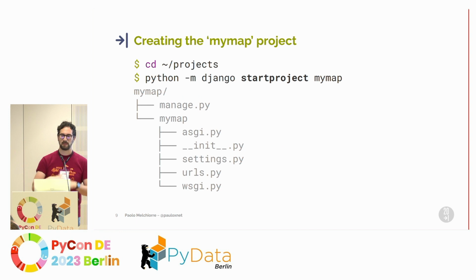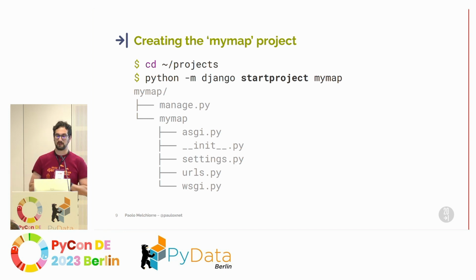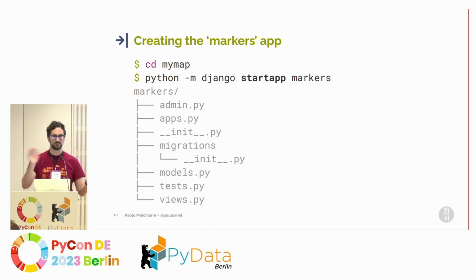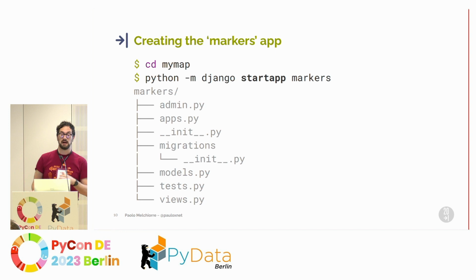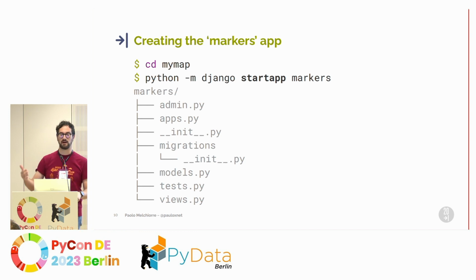To create our project, I switched to my project directory and then used the startproject Django command, and the basic files of our project will be created for us.